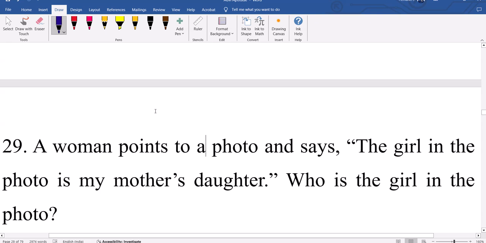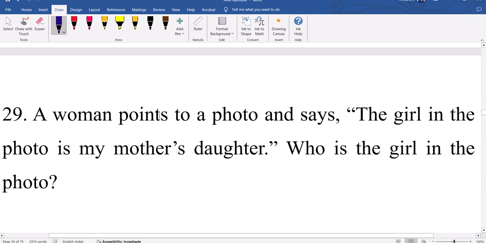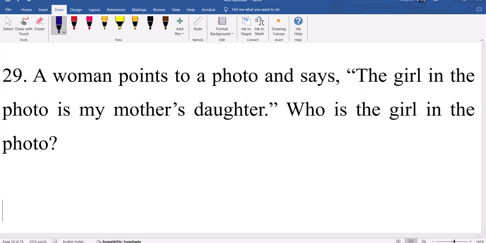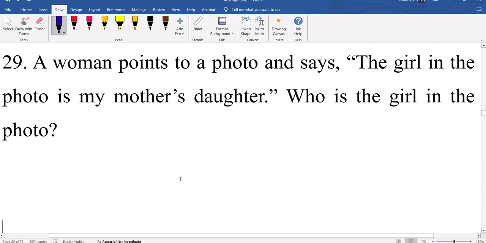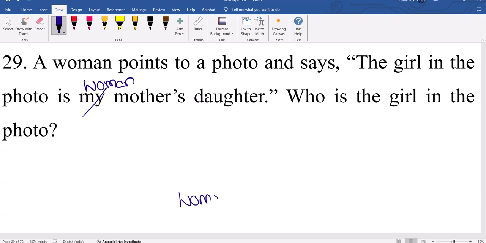Now what about this one? The girl in the photo is my mother's daughter. Again there is a bug in the question. Let us see what the possibilities are. The girl in the photo is my mother's daughter. Here my means who is saying the statement? A woman. Okay, woman, mother, daughter. Herself, or the woman's sister also possible. They didn't mention only daughter, right?